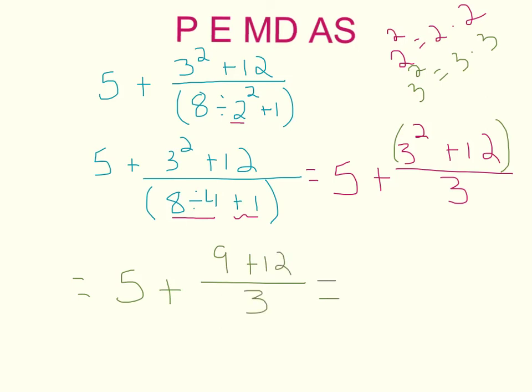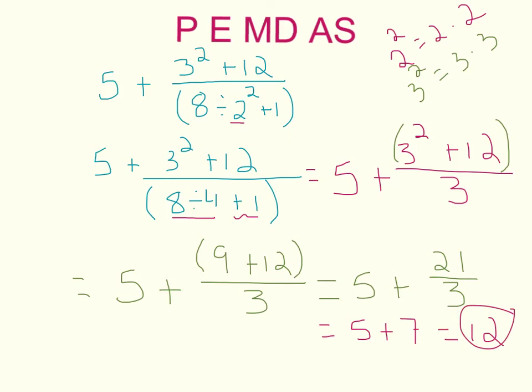Finish simplifying within our invisible parentheses. 9 plus 12, so 5 plus 21 divided by 3. So now we have to divide before we add. 21 divided by 3 is 7. So really we have 5 plus 7, and 5 plus 7 is 12. So that was a long problem, but when you take it step by step, you can get to the right answer.